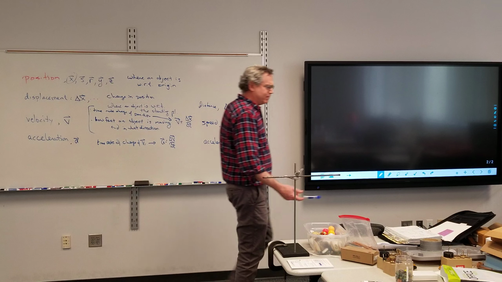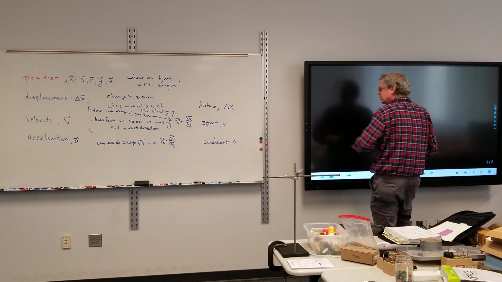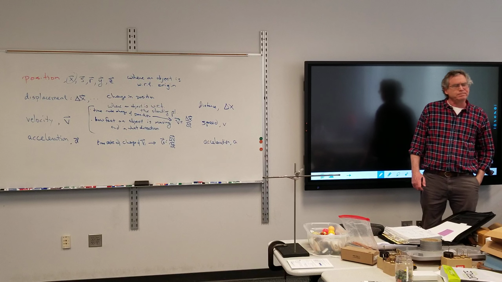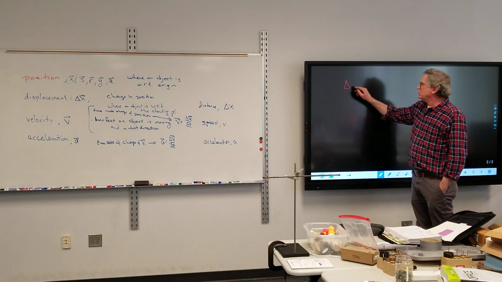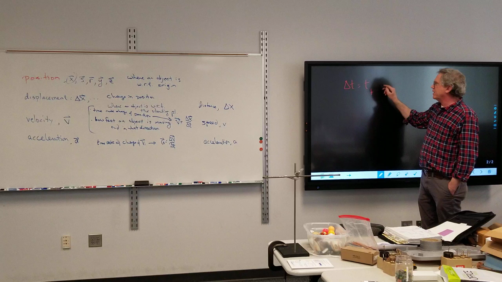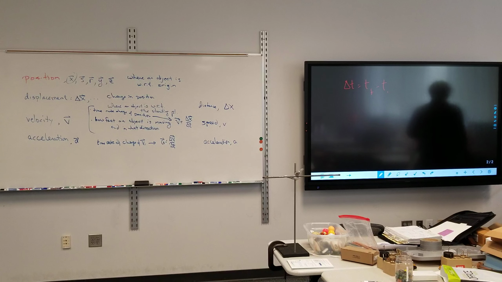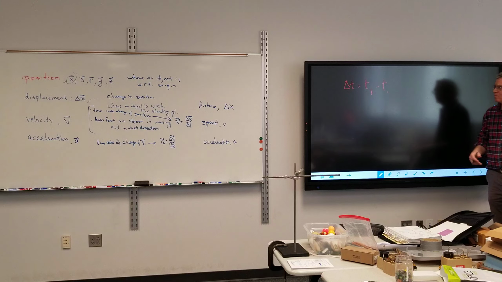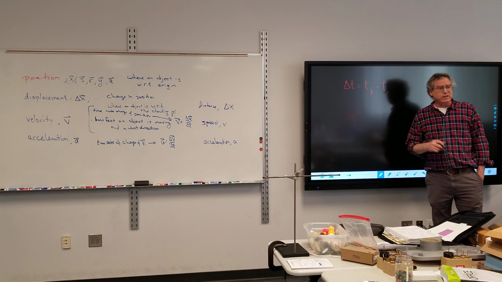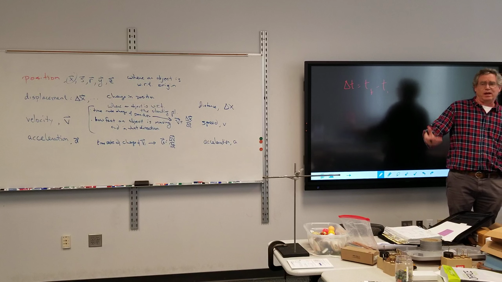So let's talk about that bit. Here's the thinking. Change in time is the final time minus the initial time. Change is always the final whatever minus the initial whatever. The initial time has some flexibility.